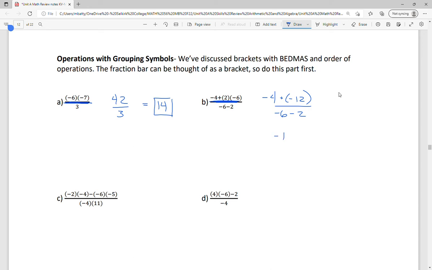On the top, I get negative 16, and on the bottom, I get negative 8. Simplifying this a bit, it's a negative divided by a negative, I know my answer is going to be positive, right? 16 divided by 8 is 2, or I could divide the top by 8 and the bottom by 8 to simplify my fraction. Either way.